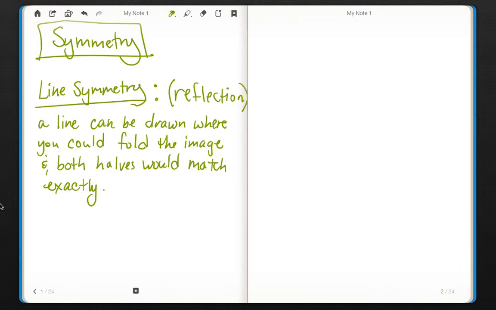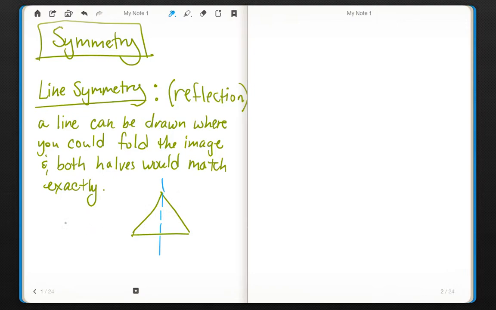So some figures have this kind of symmetry and others do not. So let's look at this triangle. We'll say it's an equilateral triangle. All the sides are the same. And because I could draw a line right here and fold it on that line and the 2 sides would match, it has line symmetry. It makes a reflection, one side to the other.